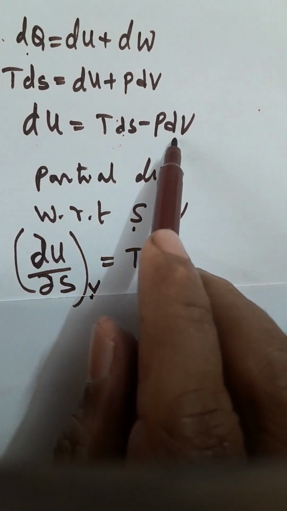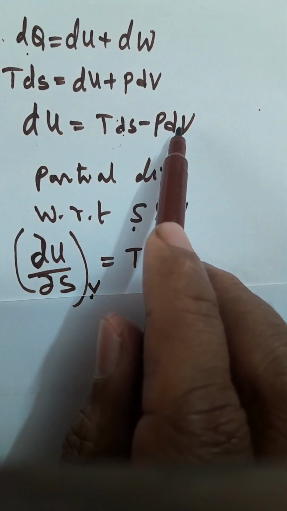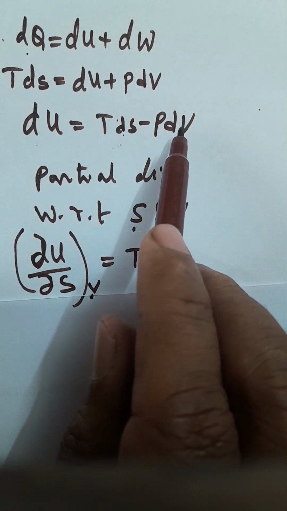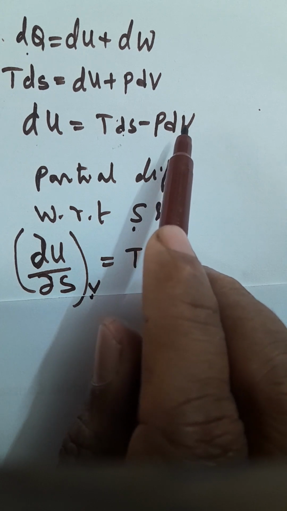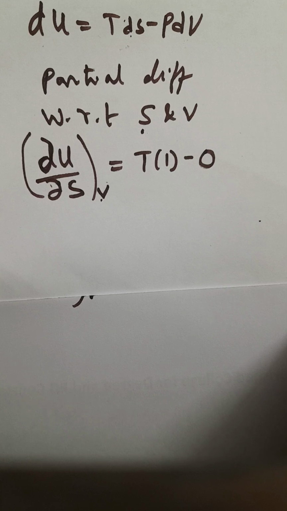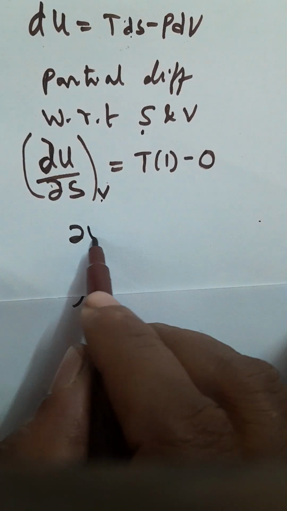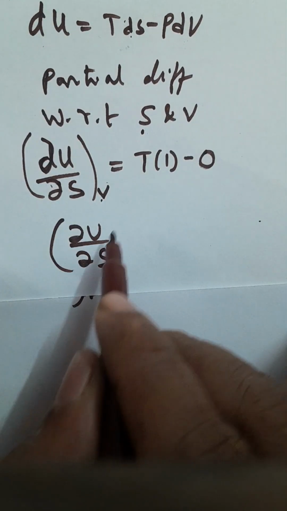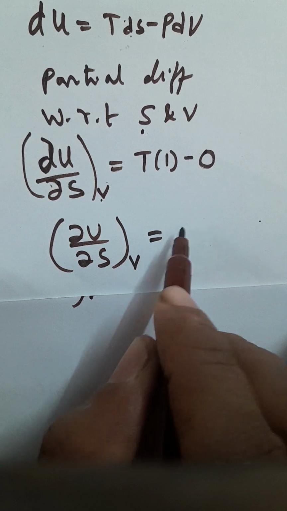Any derivative of a constant is 0, that means this term is 0. Therefore we get dou u by dou s at constant volume equal to T.